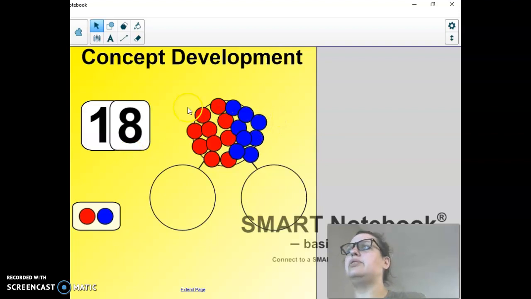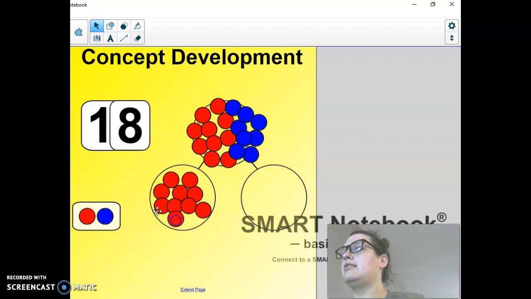All right, so let's see if we split them up the same way. We could look at our picture here, but I'm going to focus on this number right here. I know that my tens place is on the left side, so I know there's going to be 10 of something. So let's put 10 on one side. 1, 2, 3, 4, 5, 6, 7, 8, 9, 10.